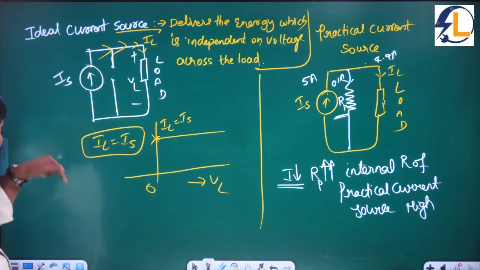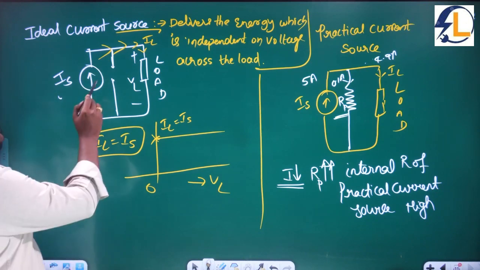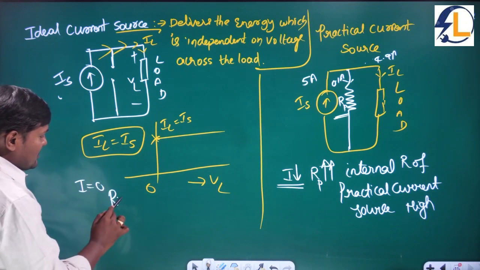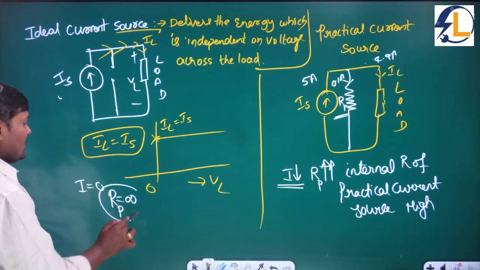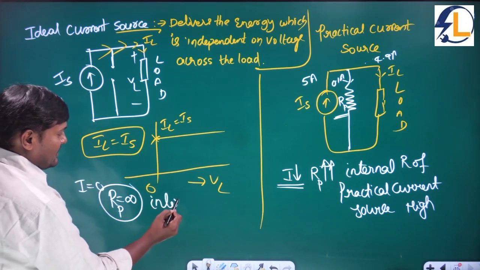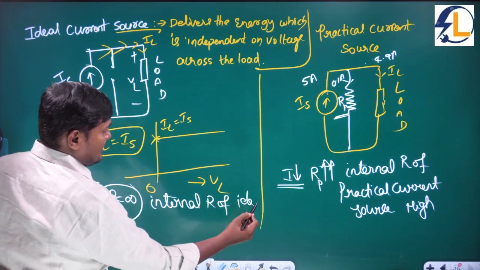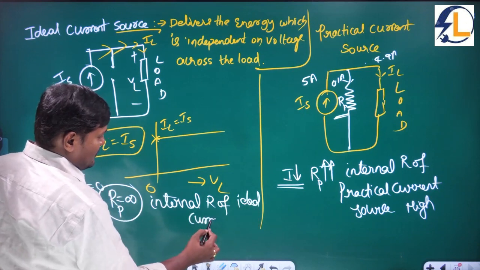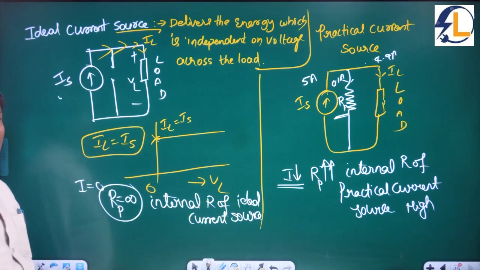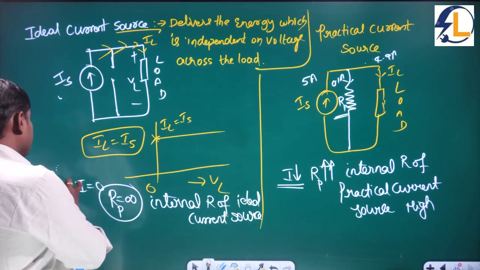Then only the entire current passes through the load. If no current is flowing, I is equal to 0, so what is the resistance value? Infinity. This is very, very important. The internal resistance of an ideal current source is infinite. Why? Because this is an open circuit property.